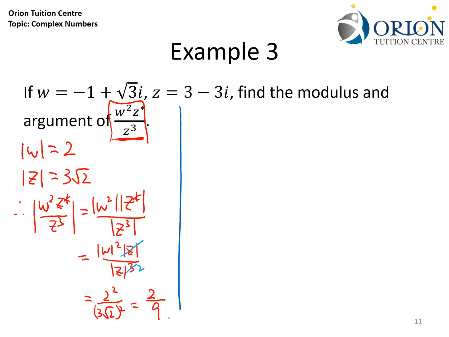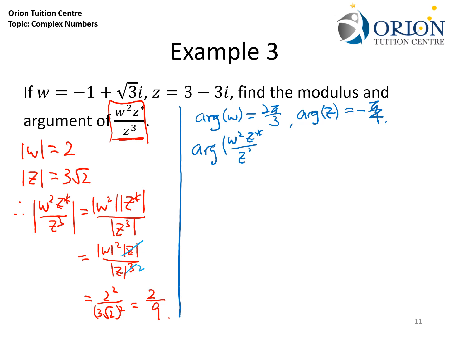And for the argument, we can find out what are the arguments of w and z first. Argument of w will be equal to 2 pi over 3, and argument of z will be negative pi over 4. So argument of w squared z star over z cubed will be the same as the argument of w squared plus the argument of z star minus the argument of z cubed.